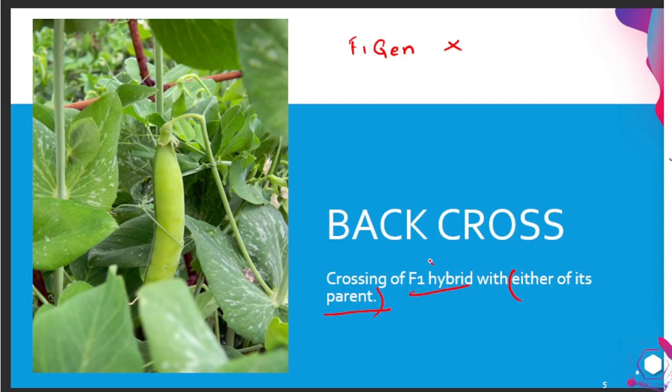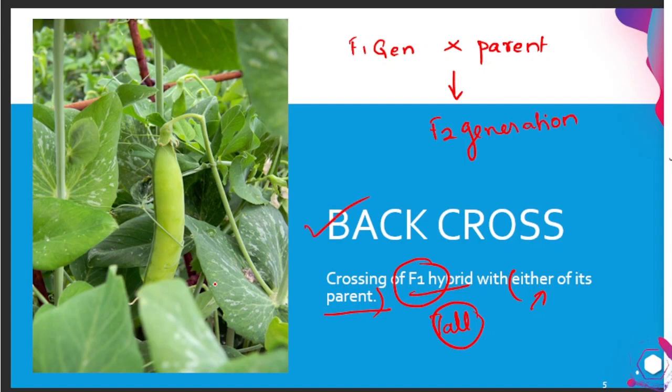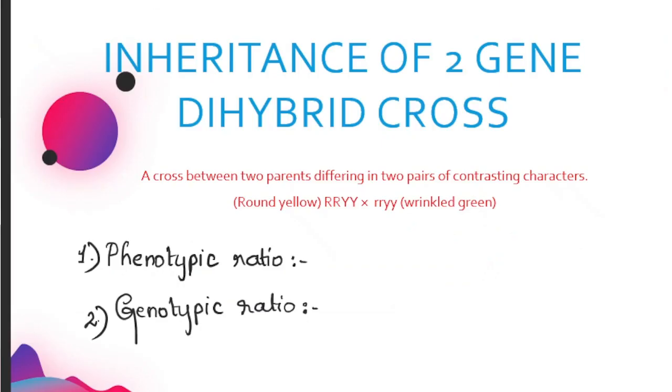For example, if your F1 hybrid is tall, then with the parent who matches the genetical identity of tall, with them only you will cross, to obtain the F2 generation. That is called a back cross. Clear?